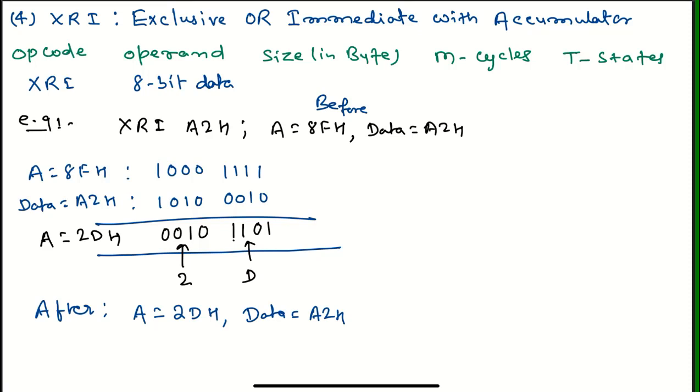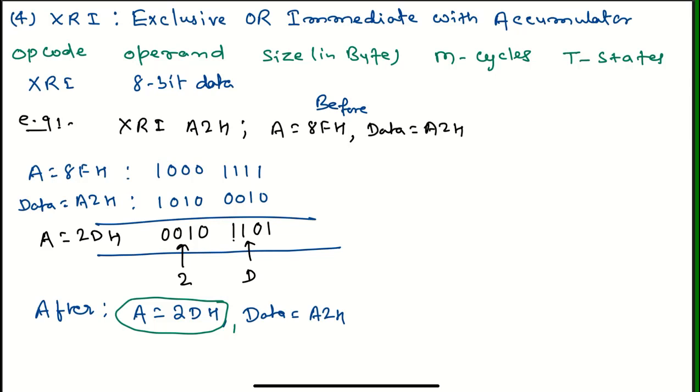So just after execution of this instruction, if you check the content of the accumulator, it will be A equal to 2DH. And as I explained for the XOR instruction, the effect of this instruction over the flags will be the same.